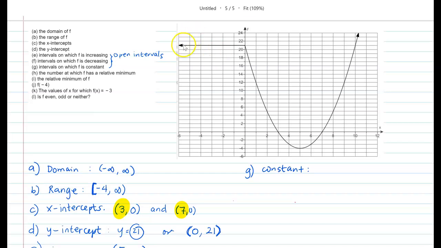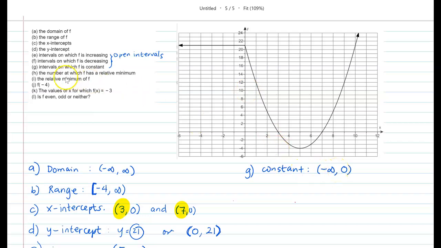It is just a straight horizontal line, which is this line here. And that is this interval. There's an arrowhead here, that means it would start at negative infinity, up to, so it's always from left to right, negative infinity up to this point here, which is 0. Again, open interval. So that is the interval for which the function is constant.